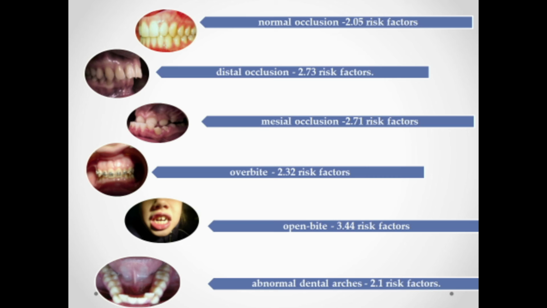With overbite, 2.32. With open bite, 3.44. And with abnormal dental arches, 2.1 risk factors.